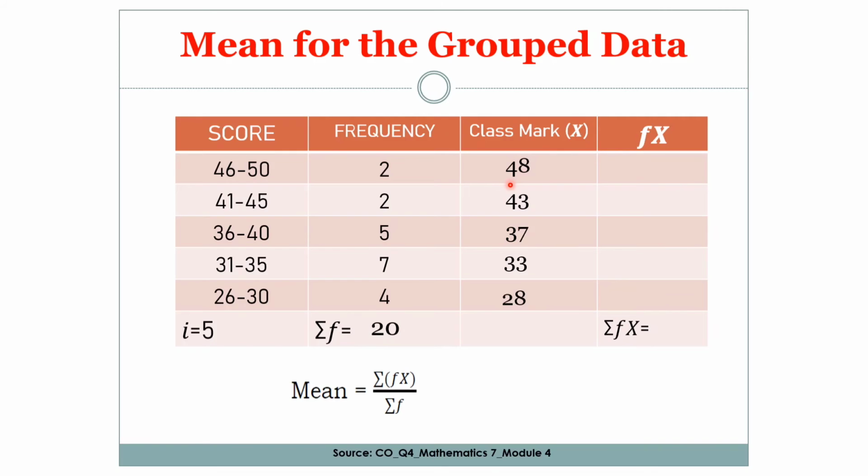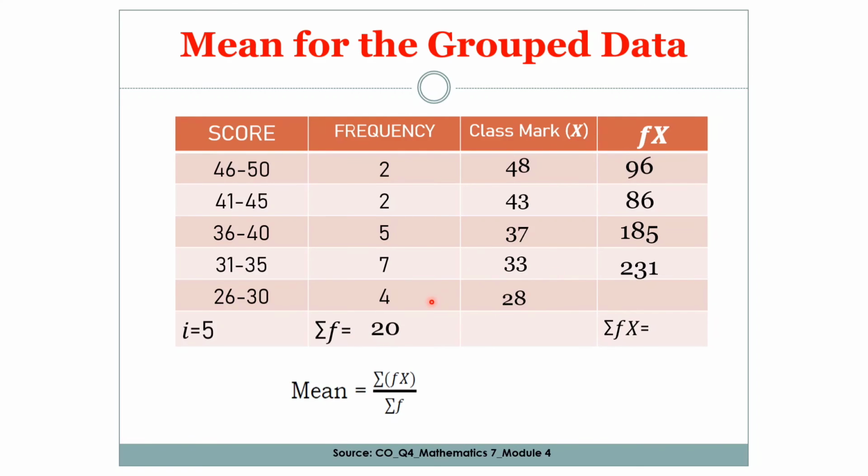Alright? So the last column is the product of the frequency and the class mark. What we are going to do is multiply the frequency and the class mark. So we have 2 times 48 is 96. 2 times 43 is 86. 5 times 37 is 185. 7 times 33 is 231.